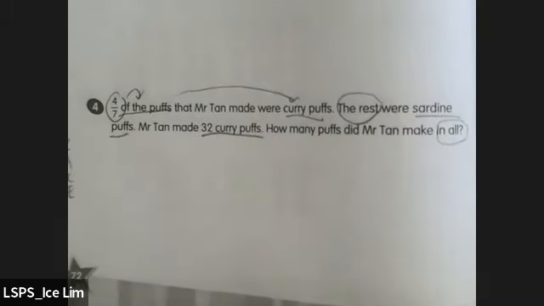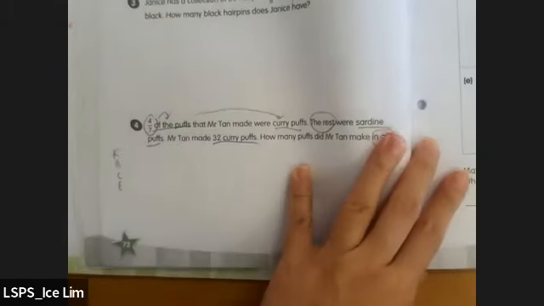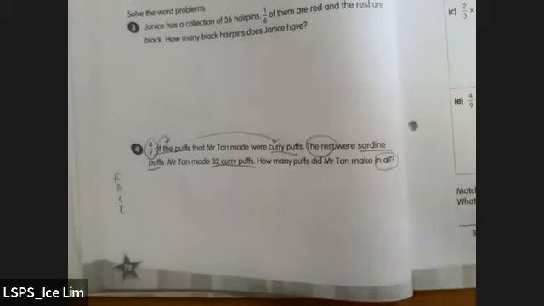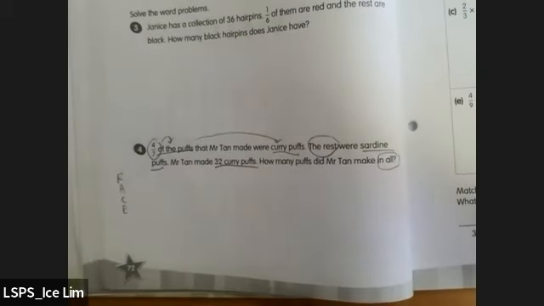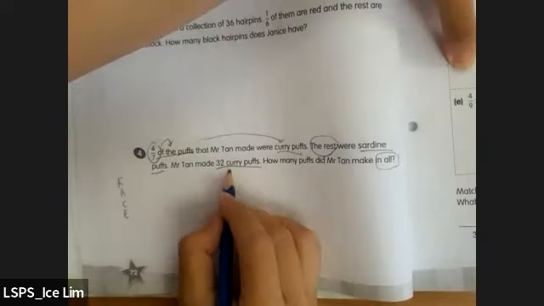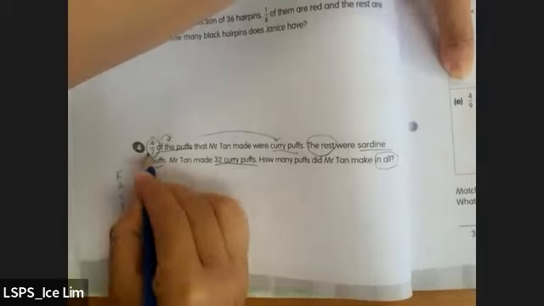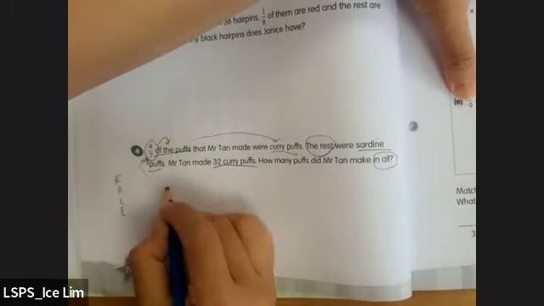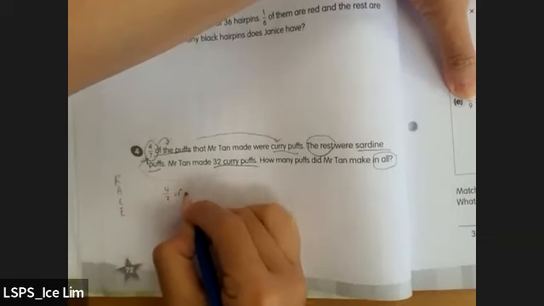If you have read the question carefully, you will realize that 32 is what? Is it all the puffs? Only the curry puffs. And then your friend said, yeah, it's only the 4 units. Here, 4/7 of the puffs.